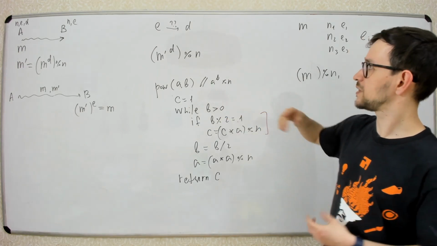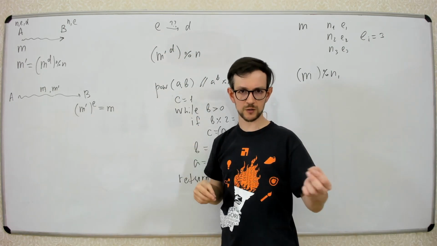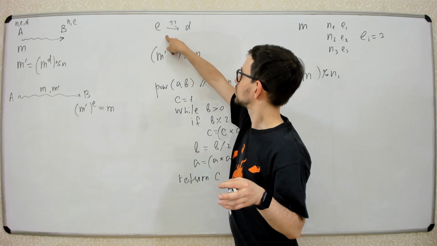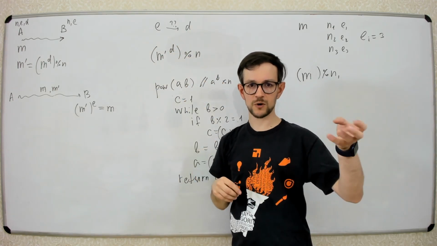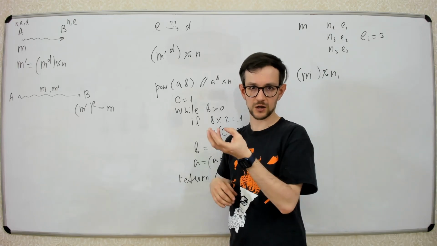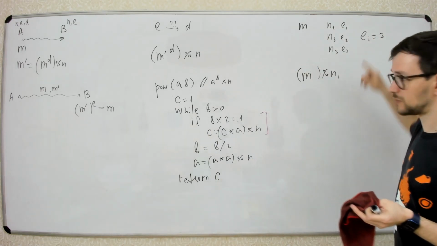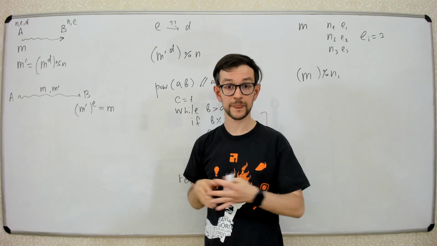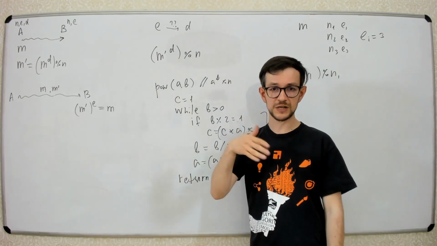The important thing is that we cannot get number d from number e. Even if you take number 3 as e, to get number d you need to calculate the inverse modulo phi of n. You don't know phi of n, so even if number e is small, it's hard to get number d.